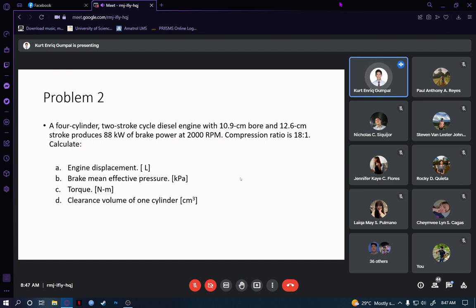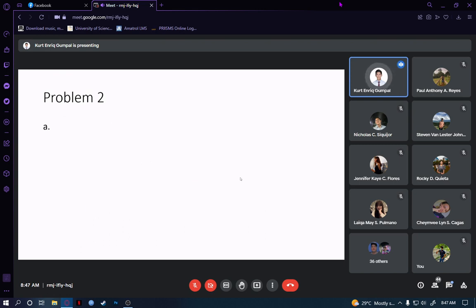Now, if your compression ratio is 18:1, calculate A, your engine displacement, B, your brake mean effective pressure, C, your torque, and then D, the clearance volume of one cylinder. One cylinder lang ha. Okay.